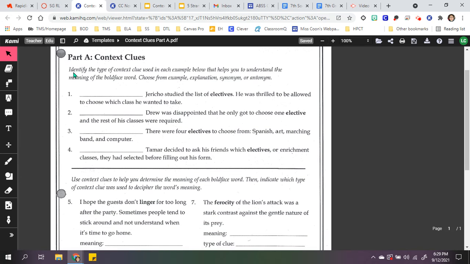It is there, but here it says identify the type of context clues used in each example below. So that says you choose from example, explanation, synonym, or antonym. So your example, it's giving you choices. Explanation is just like definition. Synonym and antonym are in your notes. So you would write one of those words, example, explanation, synonym, or antonym, for each one of these.